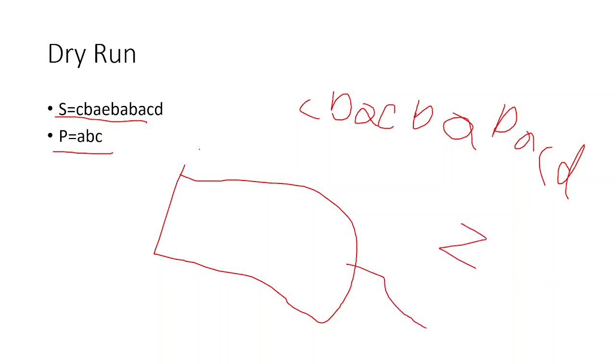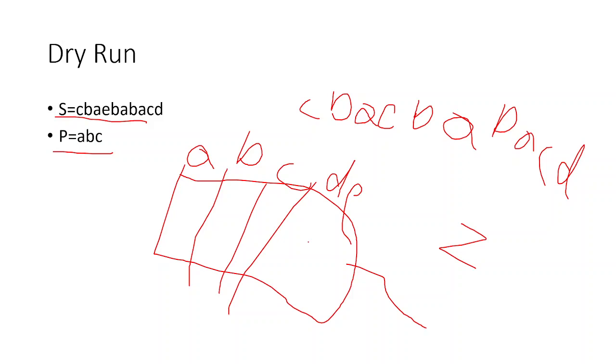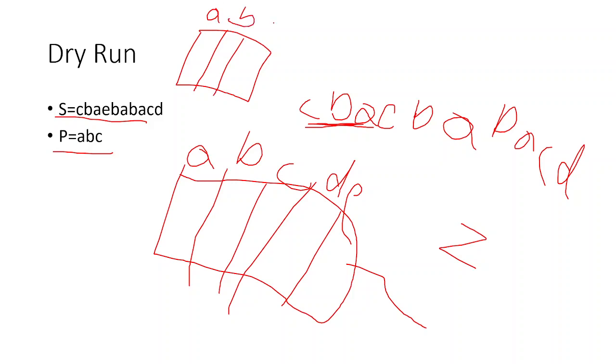So I'm just taking A, B, C, D, and E. We create a sliding window of size 3. P has the hash of ABC, that is A, B, C will be 1, 1, 1, right, for P.